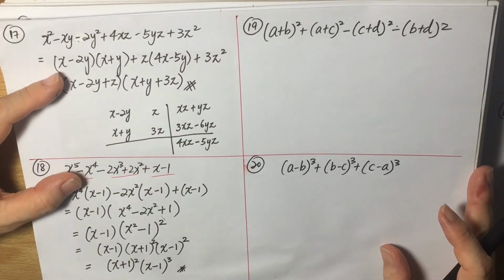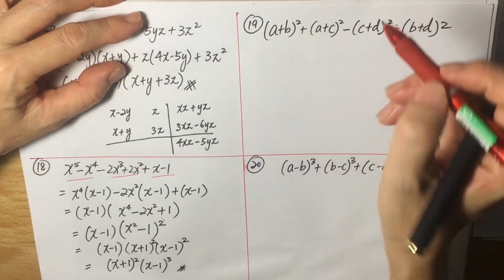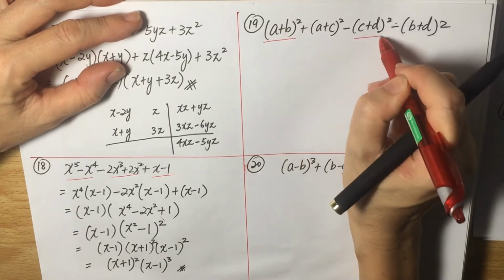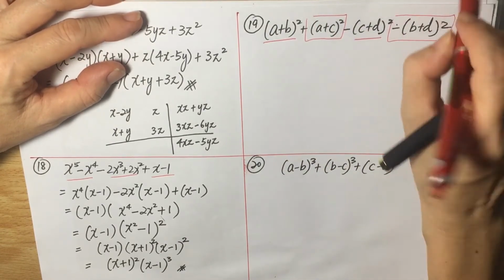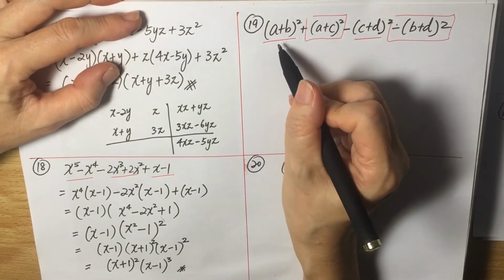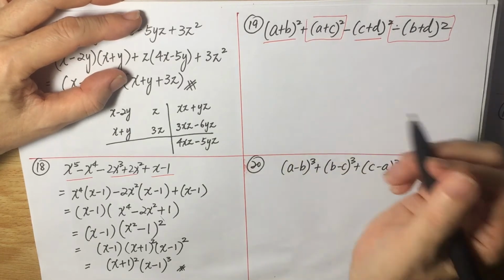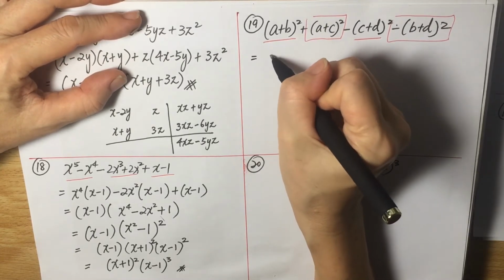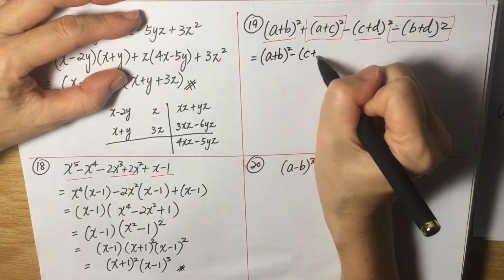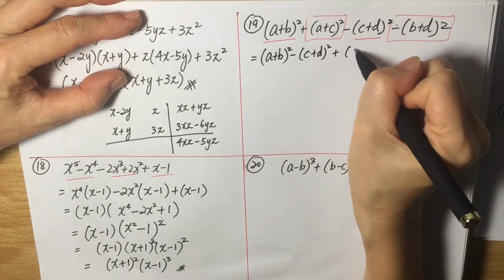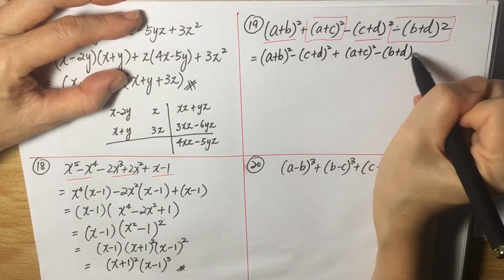Okay, question 19. I'm going to group the plus and the minus together, and the plus and the minus together, so that I'm using the difference of two squares. So I will have (a plus b) squared minus (c plus d) squared, and then (a plus c) squared minus (b plus d) squared.